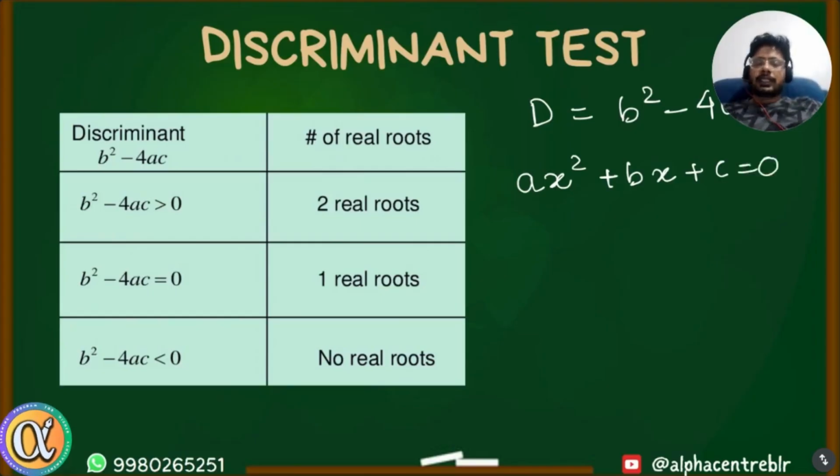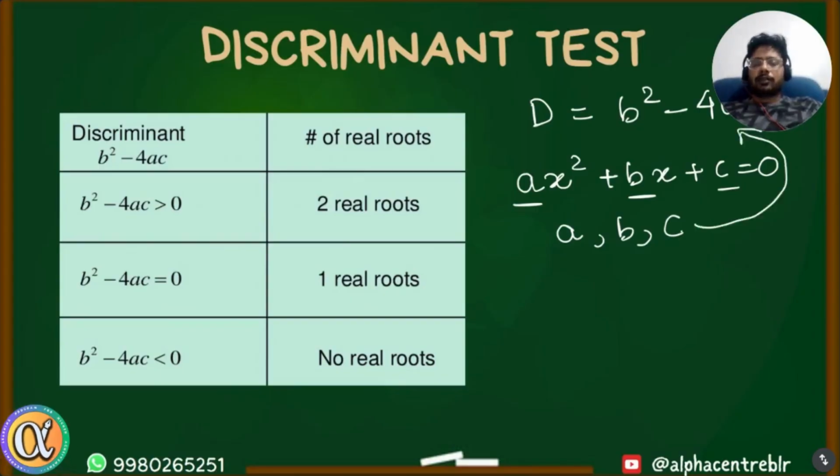So this test says that first you find the values of a, b, and c after organizing your quadratic equation in the standard form. Even if it's given in some other form, first write it as ax square plus bx plus c. Then through comparison, determine the values of a, b, and c. Then plug these values in this formula and find the value of D, the discriminant.